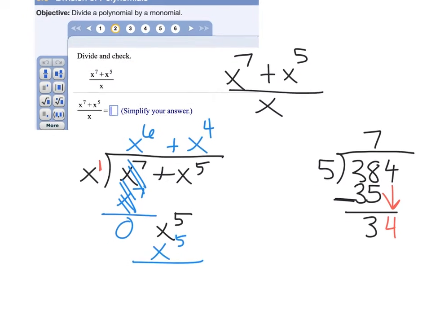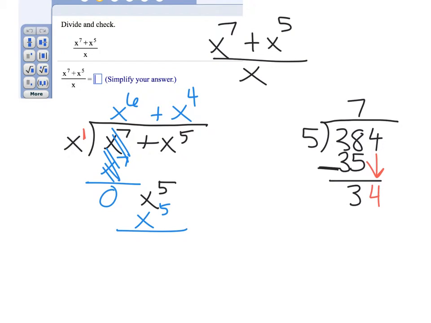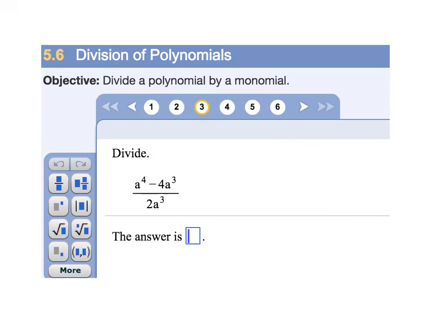And so now I can subtract those, and I get nothing because these guys kind of cancel each other out. And there is my answer. Just like when you're dividing over here, like in 4th grade, the top up here is your answer. And so here is our answer, x to the 6th plus x to the 4th.